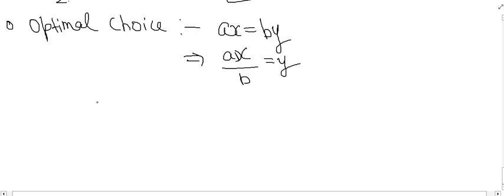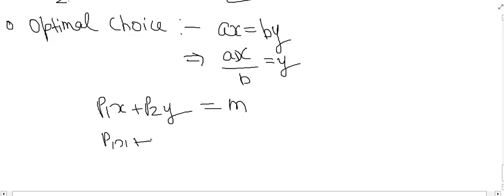We similarly have the same budget line, p1x plus p2y equals m. If we substitute y here, we get p1x plus p2 into ax upon b.